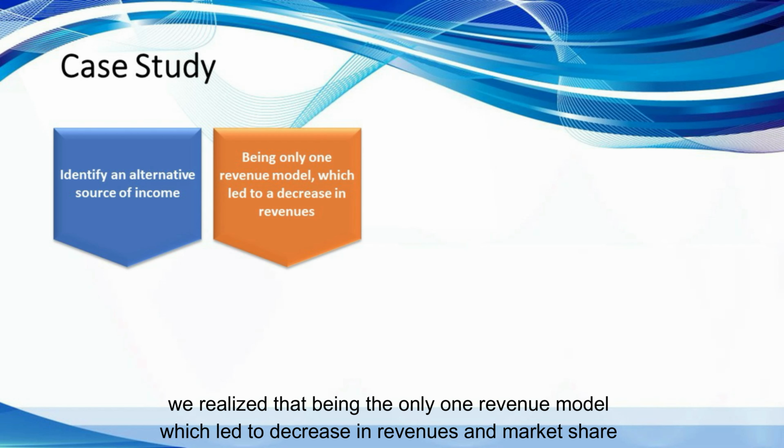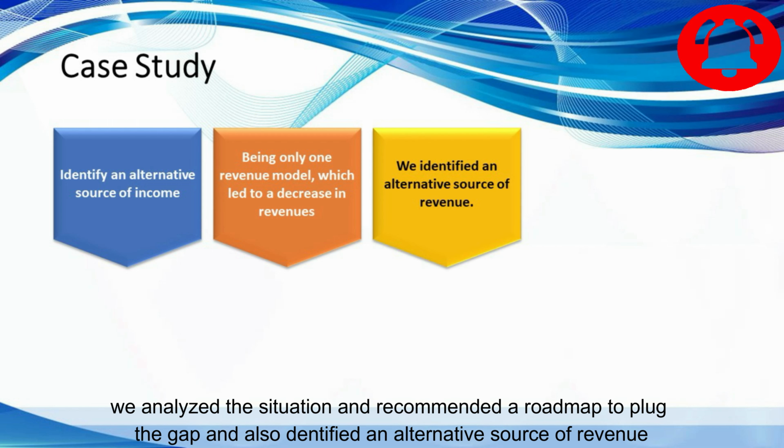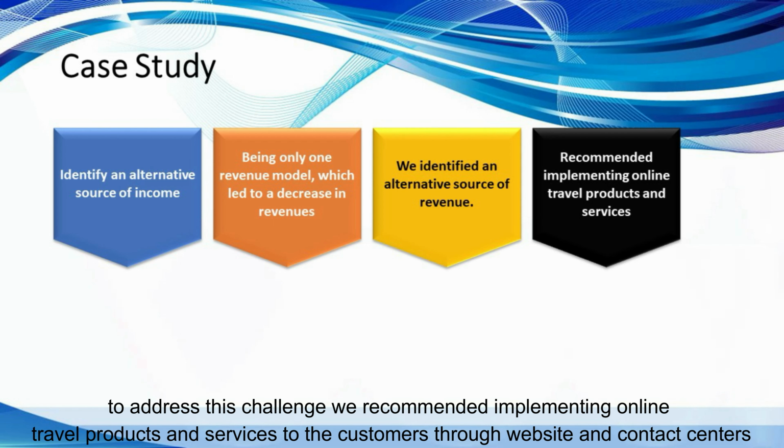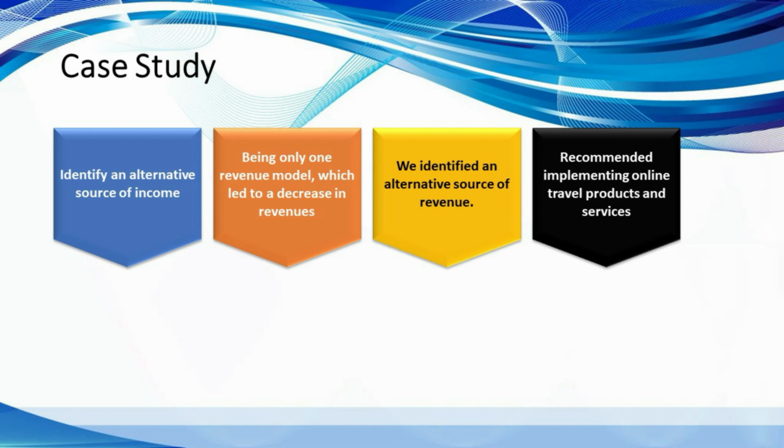We realized that having only one revenue model led to a decrease in revenue and market share. We analyzed the situation and recommended a roadmap to plug the gap, and also identified an alternative source of revenue. To address this challenge, we recommended implementing online travel products and services to customers through websites and contact centers.